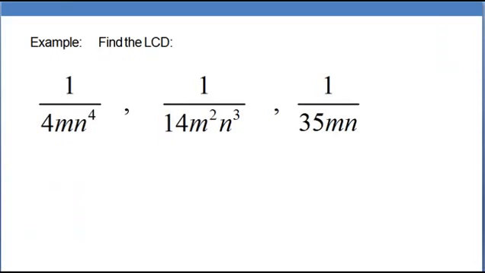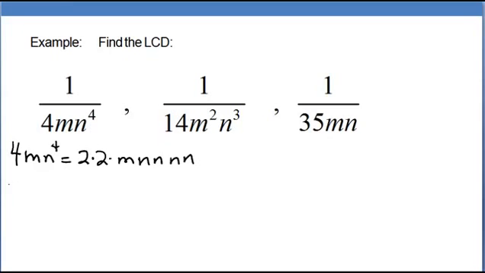Let's look at another example. So we're going to find the LCD, and we will just break each denominator down. So our first one is 4mn to the 4th, and 4 is 2 times 2. We have an m, and we're going to have 4 n's.